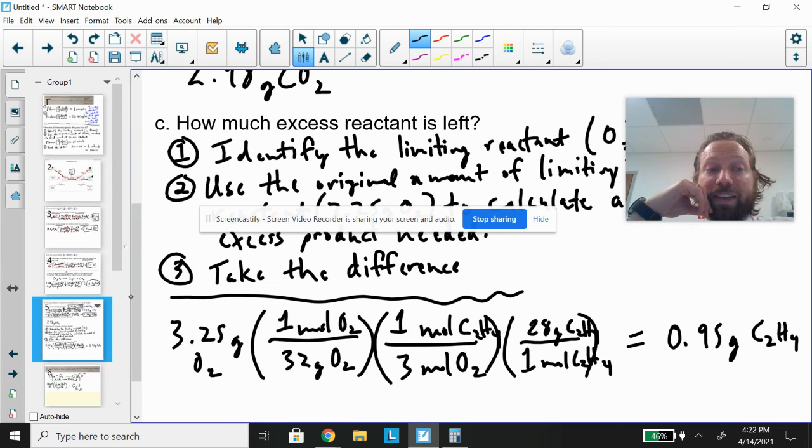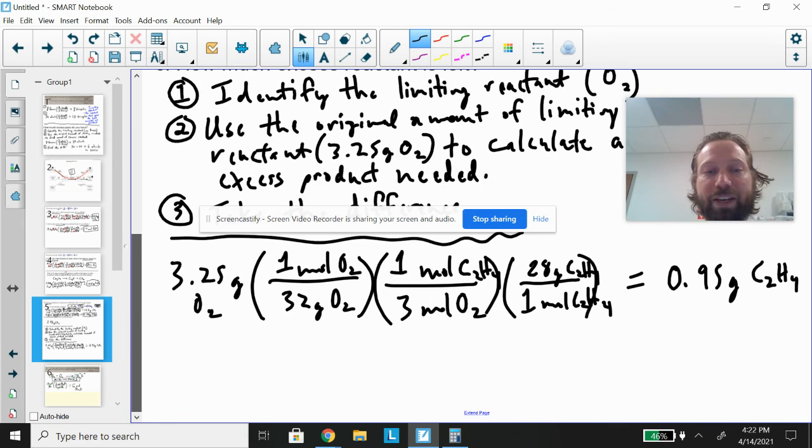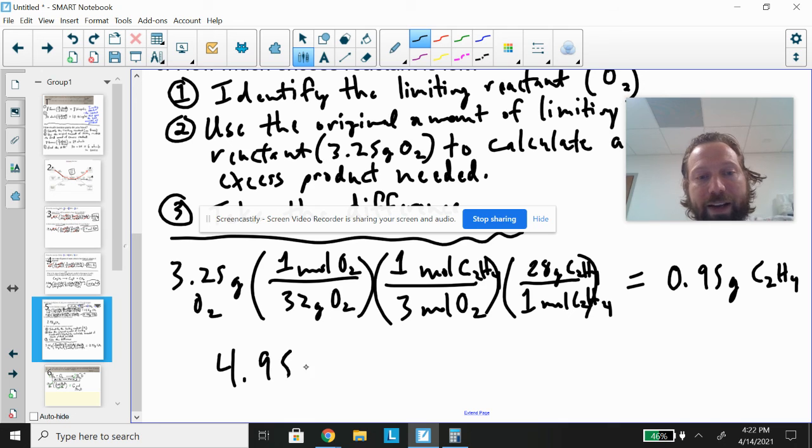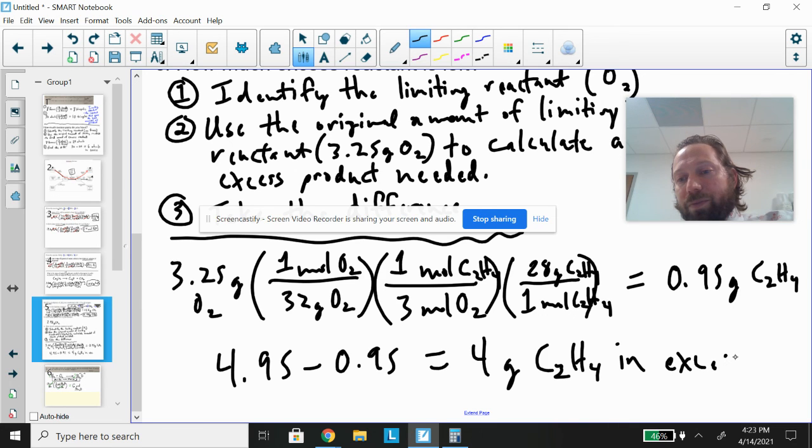So anything more than 0.95 grams of C2H4 is excess. In this case, we have 4.95. So we take the difference: 4.95 minus 0.95 equals 4 grams of C2H4 in excess. That also means it's just leftover, sitting there. And that's it.